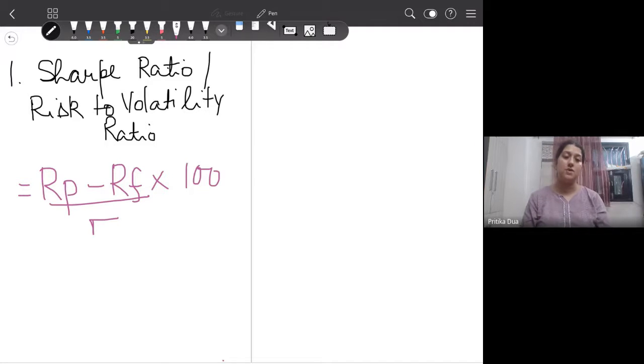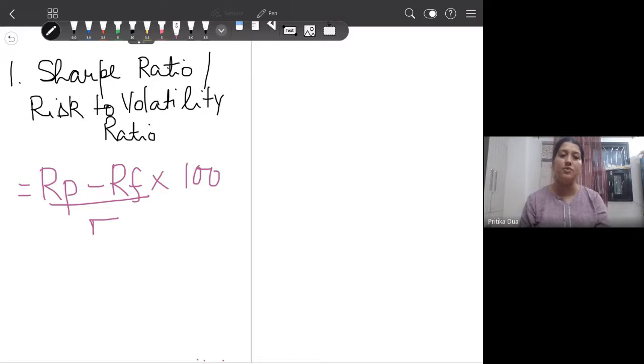So how is it measured? It is the difference between the return on the portfolio minus the risk-free return upon standard deviation. Now, standard deviation is the measure of total risk into 100. So, RP stands for return on the portfolio you are holding minus RF.